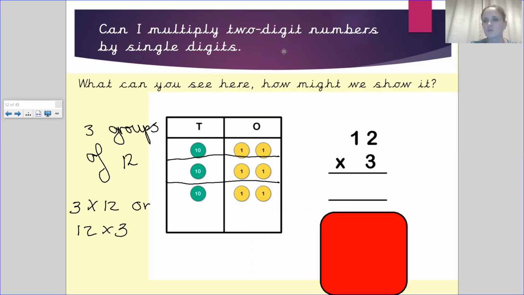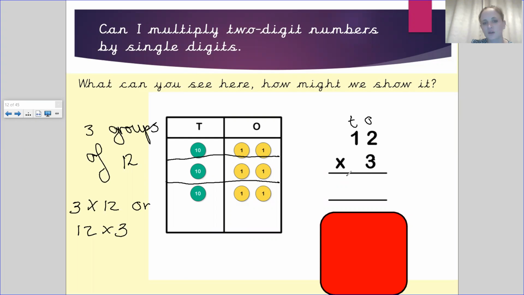Now, in the previous lesson, we discussed how to do this question, and we looked at remembering that we have our ones column and our tens column, and that we are going to times 3 into 12.